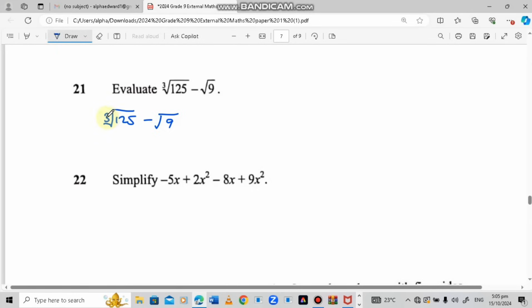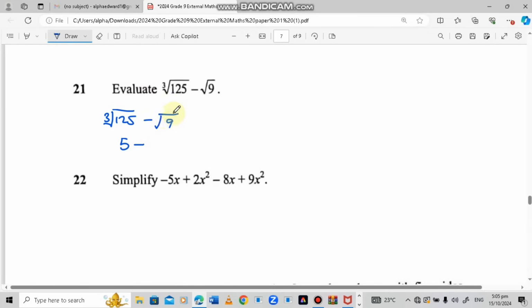We are saying the cube root because we have a 3 here. A cube root of a number is a factor of this number, such that if that number multiplies by itself 3 times, you get back this number. So what is the cube root of 125? The cube root of 125 is 5, because 5 times 5 times 5, you get back 125.